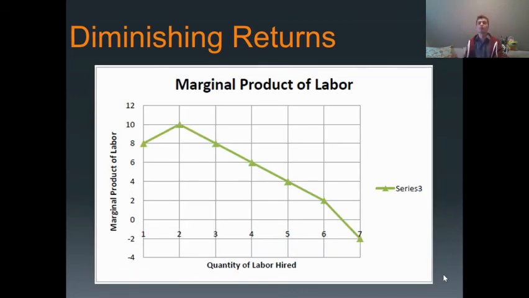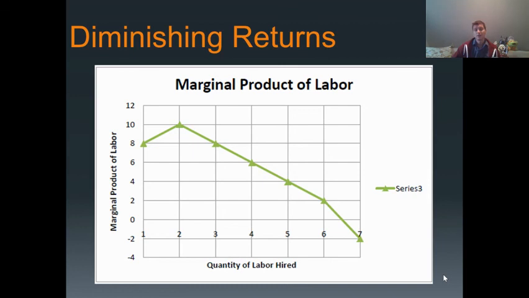Now, what does this look like on the marginal product of labor? If you're looking at it as a marginal product, so marginal product on the Y, quantity on the X, you see that at first, yes, in most cases, it will actually rise a little bit. And this has to do with specialization. If you're trying to do everything at once, you might not be super productive because there's just too much for you to do.